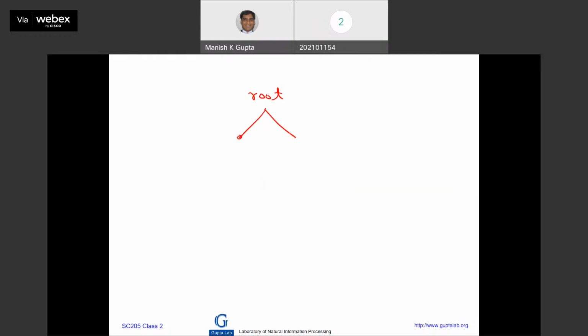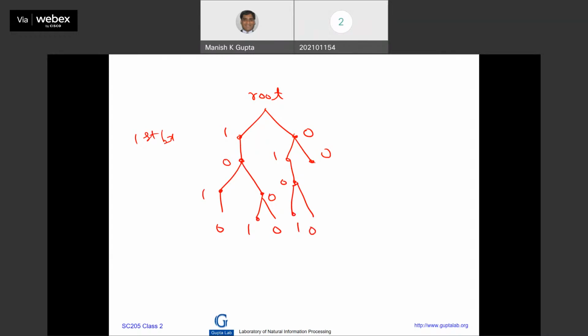Then the first bit, then the branches. You can see that I'm keeping in mind that consecutive ones are not there.